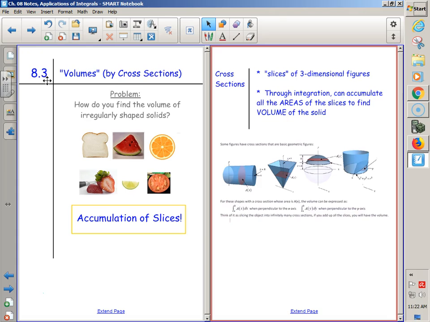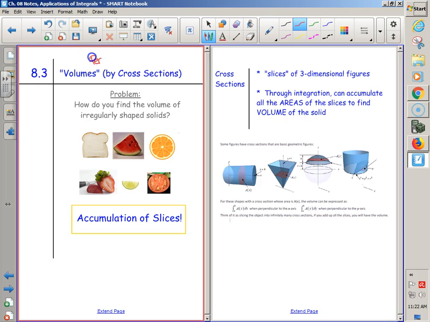And yesterday, just really quickly with my illustrations of the shells versus the discs, I think a great way of remembering cross-sections and cross-sectional slicing, which also works for discs and washers, you can think perpendicular.